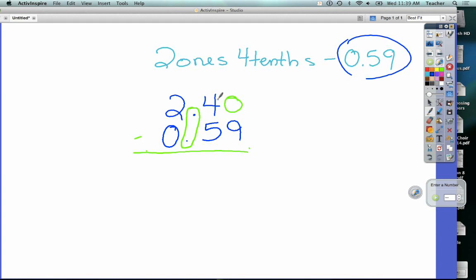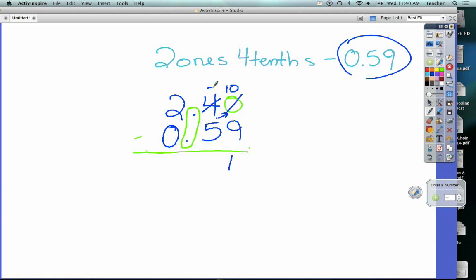So if I borrow one whole of these, how many total did I just borrow? I borrowed 1 from here, but how much would that be in this column? 10. So if you're getting confused, just ask yourself, what's 10 plus 0?